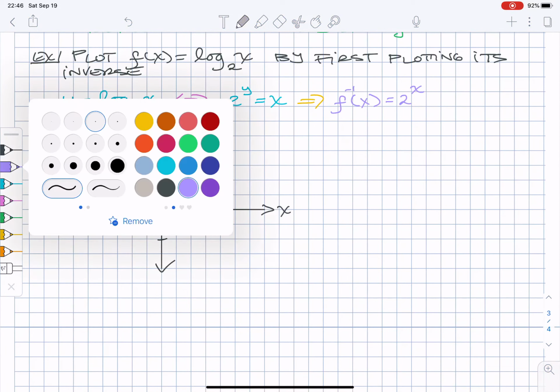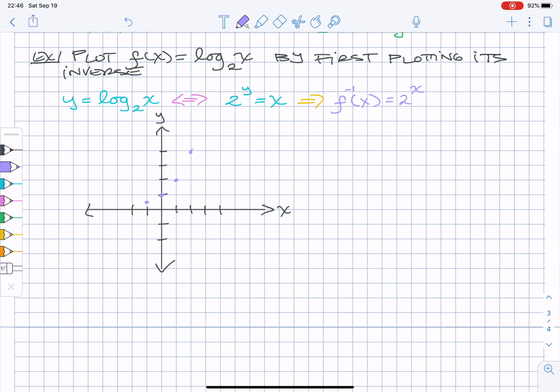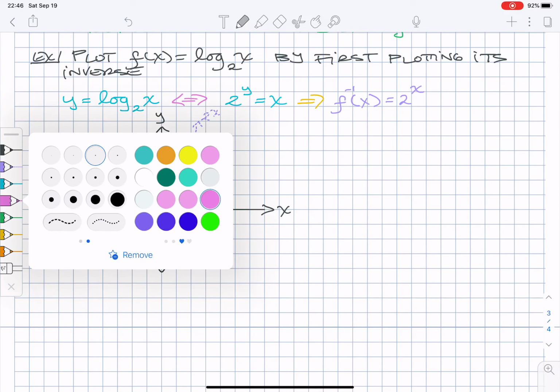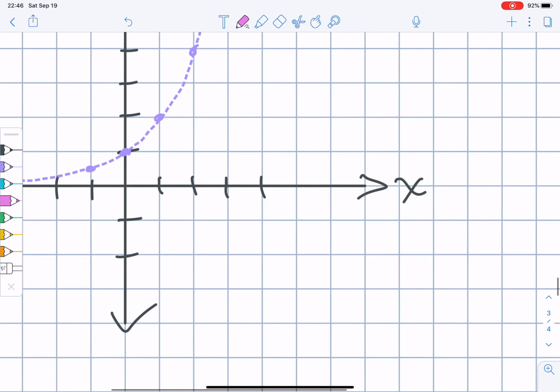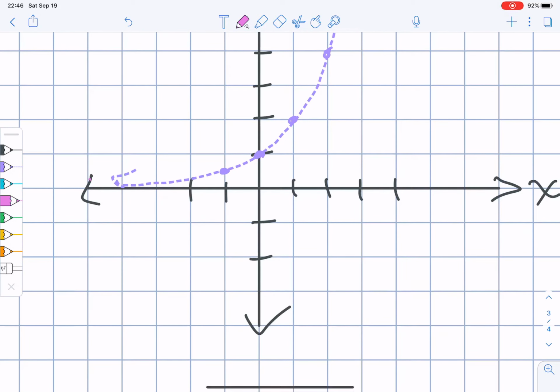So the plot of 2 to the x is this nice exponential curve like so. Well, not very nice, but there we go. 2 to the x. And the horizontal asymptote for that is the x-axis, but I'm going to draw it just above so we can see it, right there.